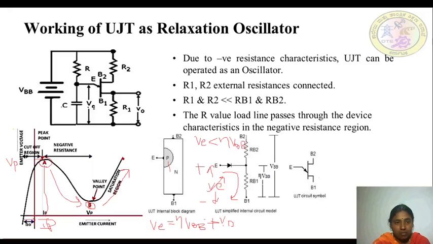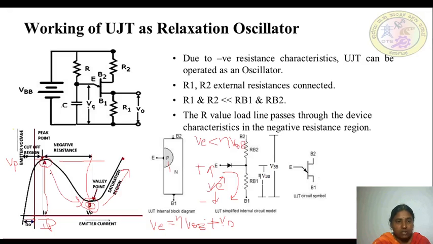So this minimum point where the transition of current and voltage takes place is called the valley point. The point B is called the valley point. So the negative resistance region is the region between these two points A and B, that is peak point and the valley point.